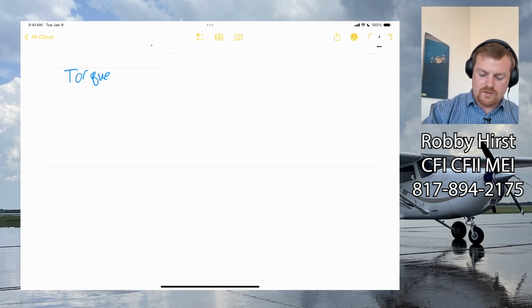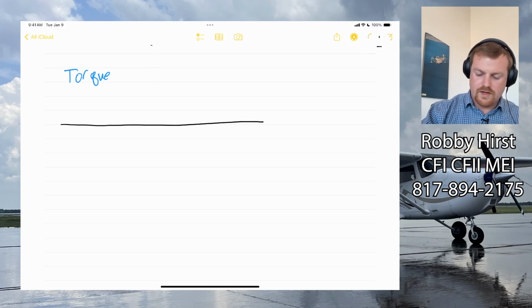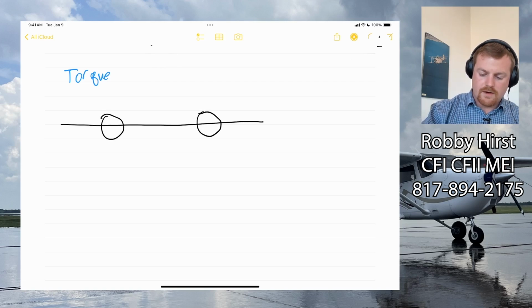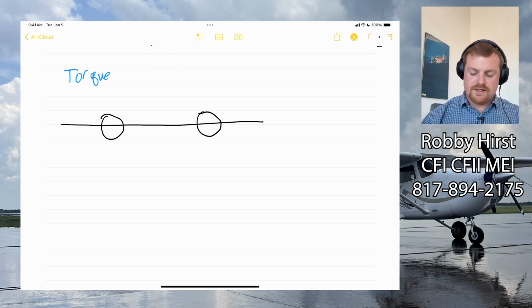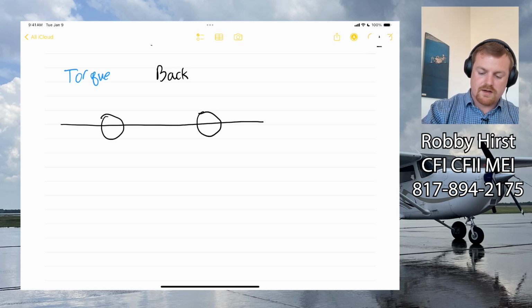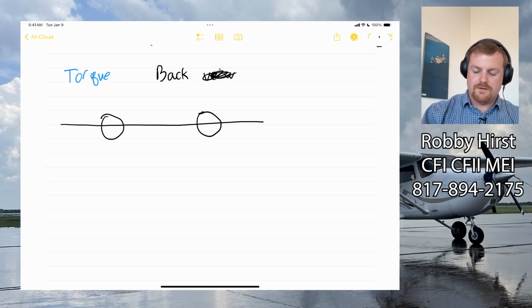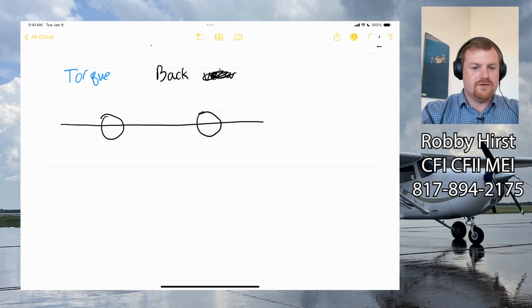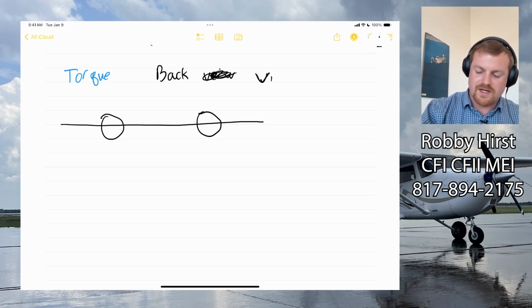So this time we're going to have our wing. We're going to have our props. And in this case, we're looking at the back of the aircraft. So we're going to say back view. How do you spell view? I before E except after C, and all the other exceptions. View.